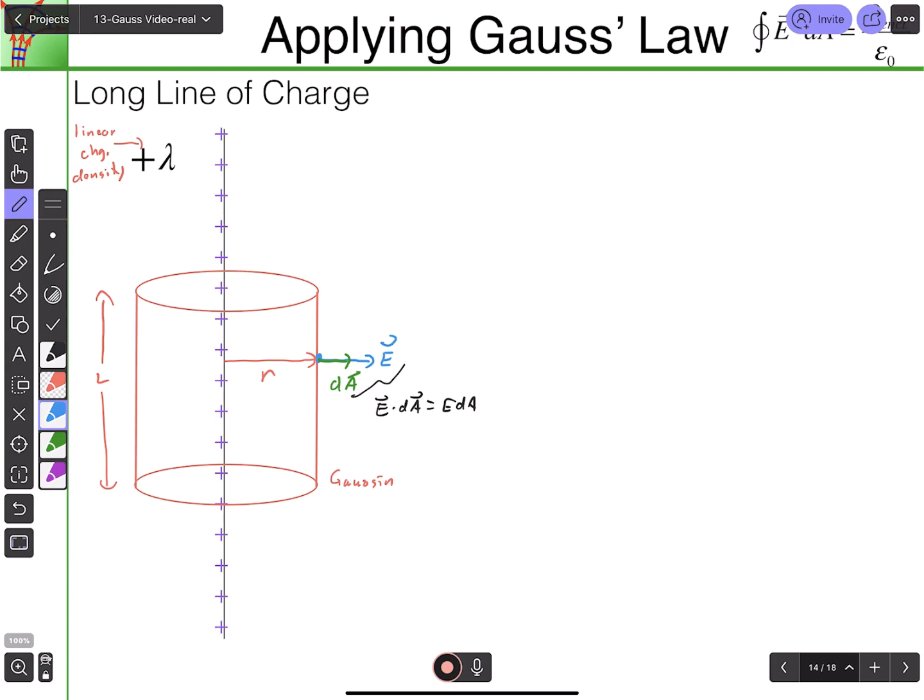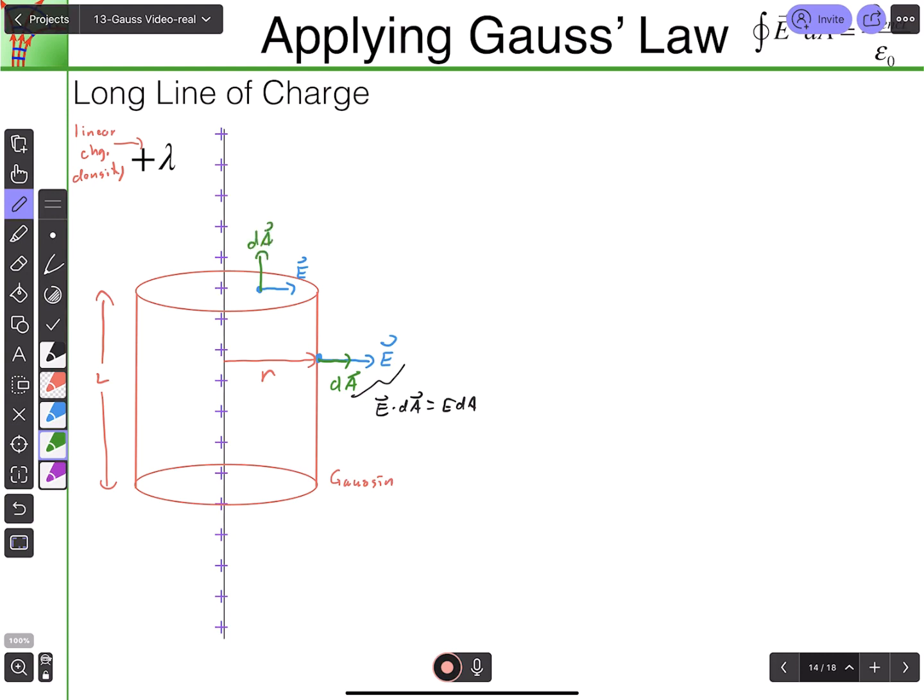Now let's look at a point here along the top surface. At the top, the electric field is still pointing away, but the area vector is pointing upwards.